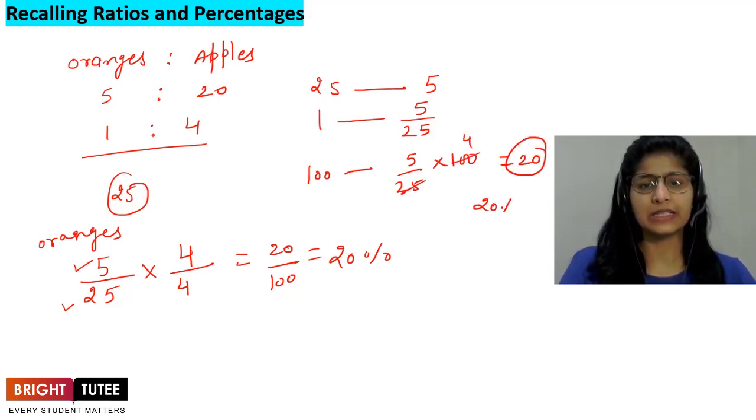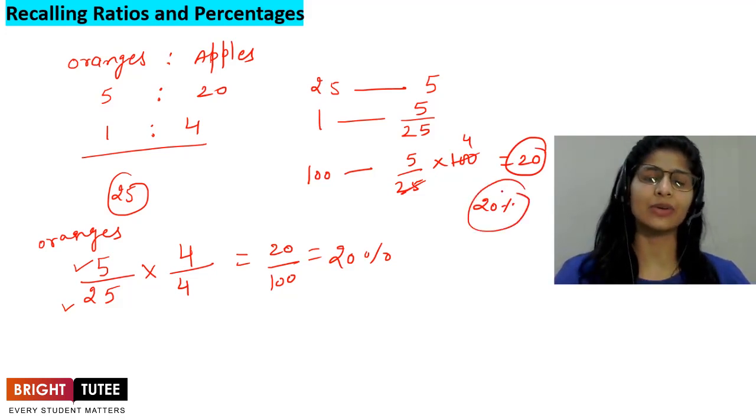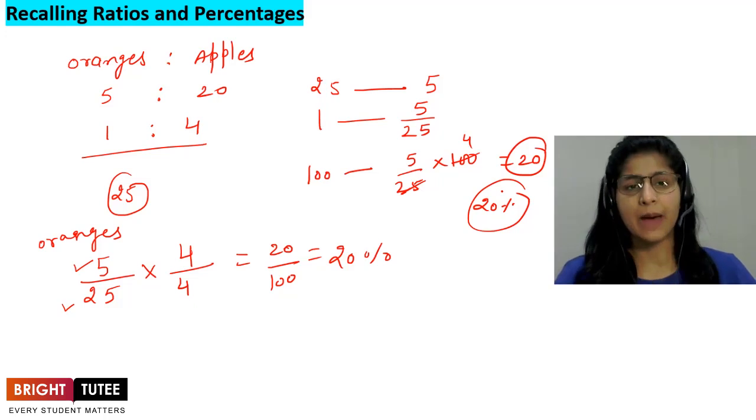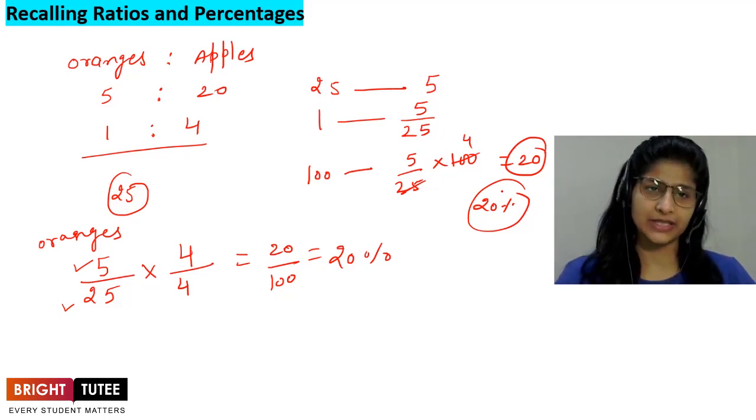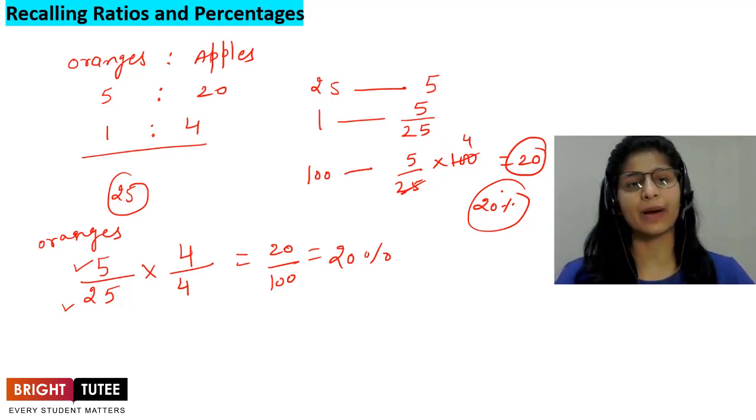So 20% of the fruits are oranges. That means we have calculated the percentage of oranges and the percentage of apples. Apple percentage would be 80%. Clear? So this is how we compare quantities by ratios and percentages. Clear?